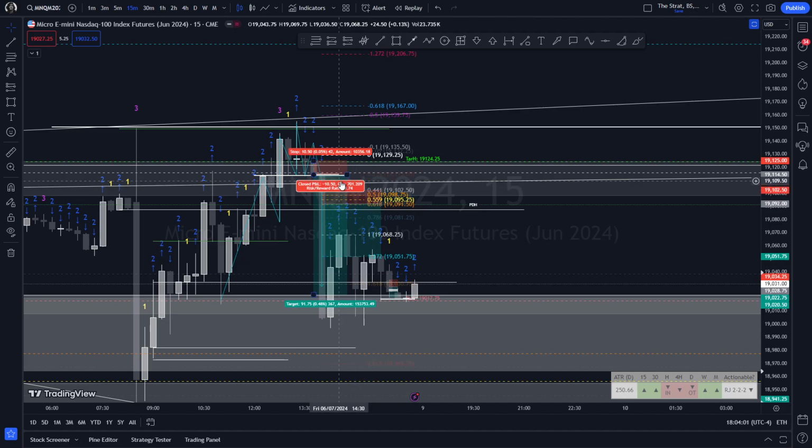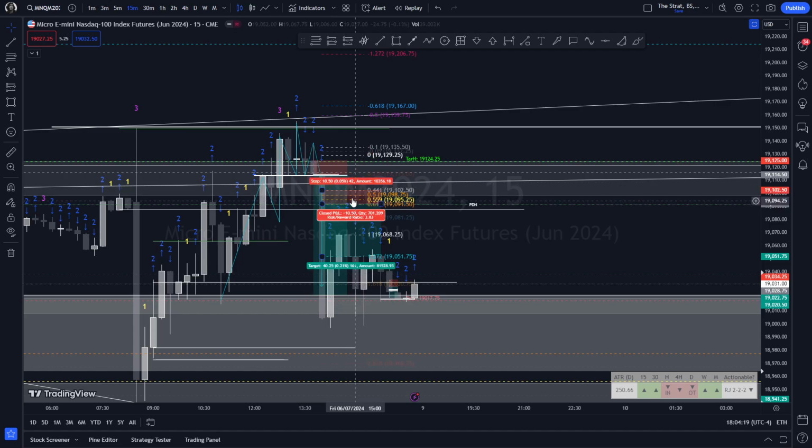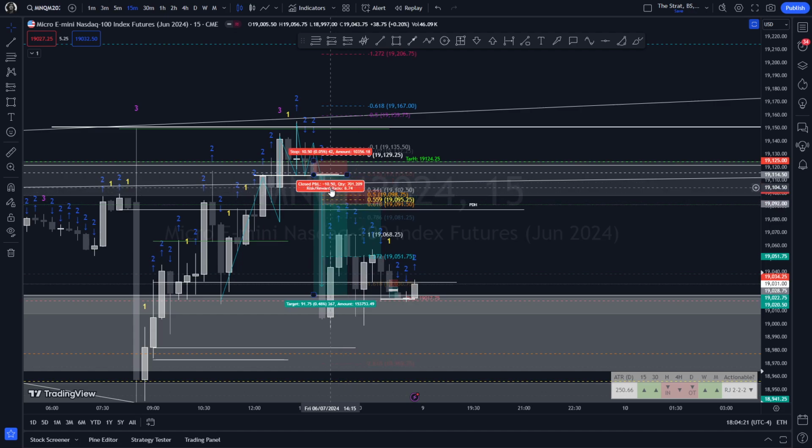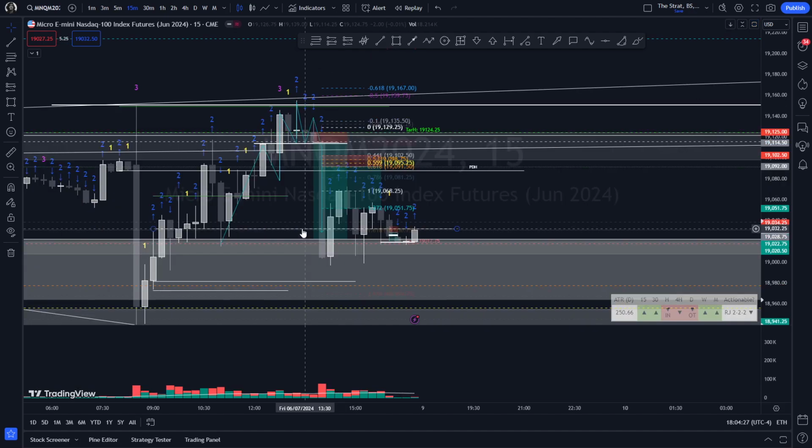Well, it depends on how many contracts you're going with. This is an 8 point, with the Strat indicator right here. So this is with Fibonacci. It's a 3.83 using the Strat and supply and demand market structure. You're looking at an 8.74 risk to reward, so basically an 8 to 1.